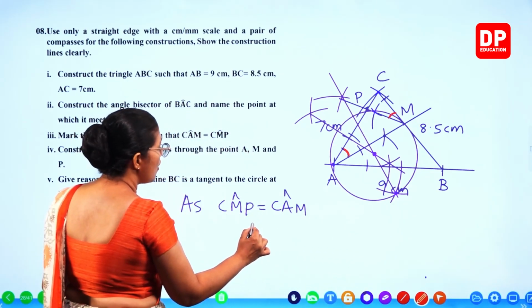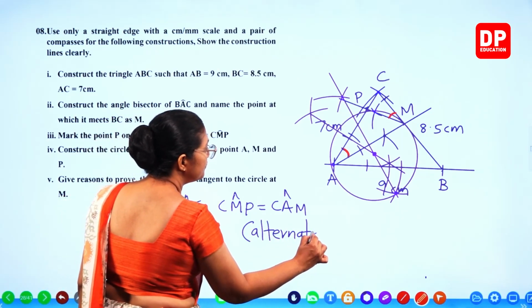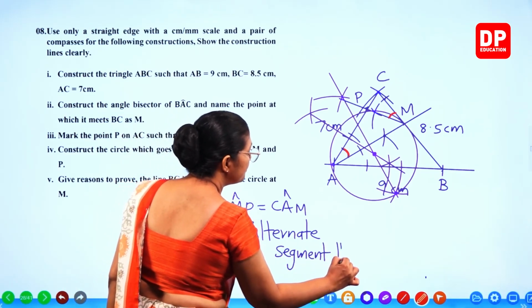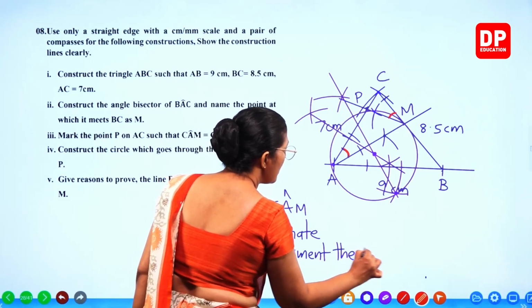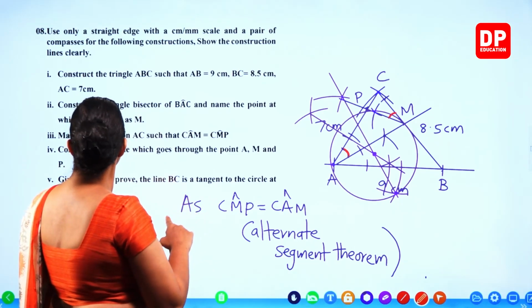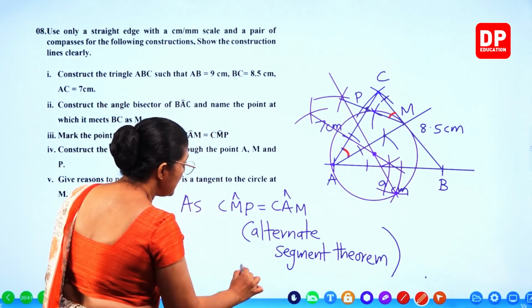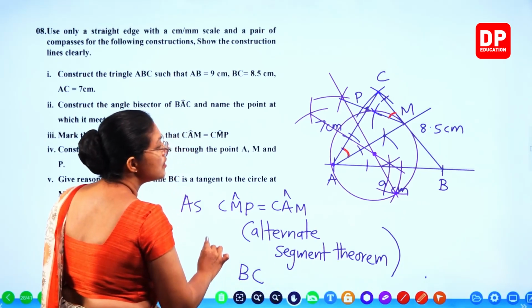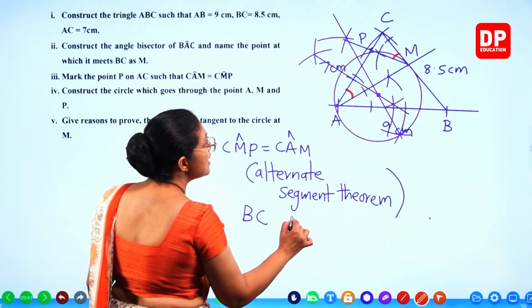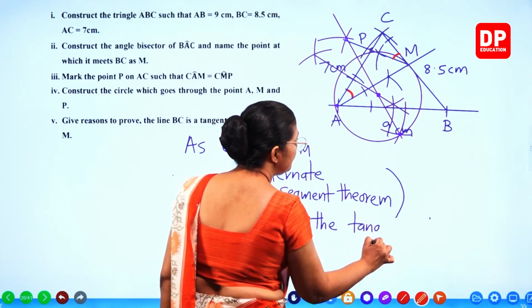This is according to the alternate segment theorem, those are equal. So that's the reason for BC becoming the tangent. So therefore, BC is the tangent to the circle.